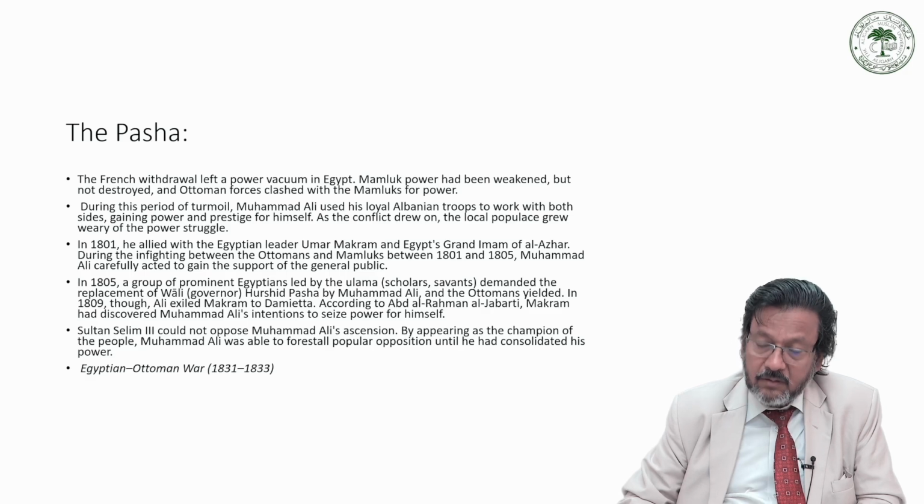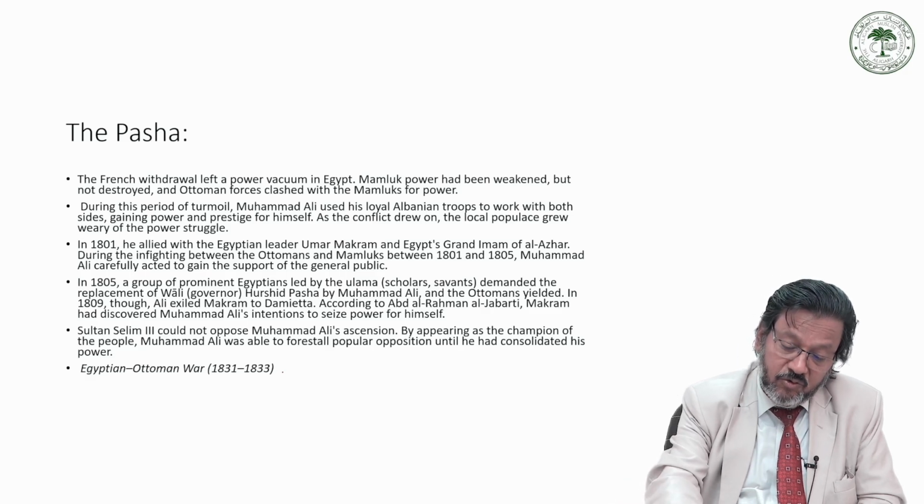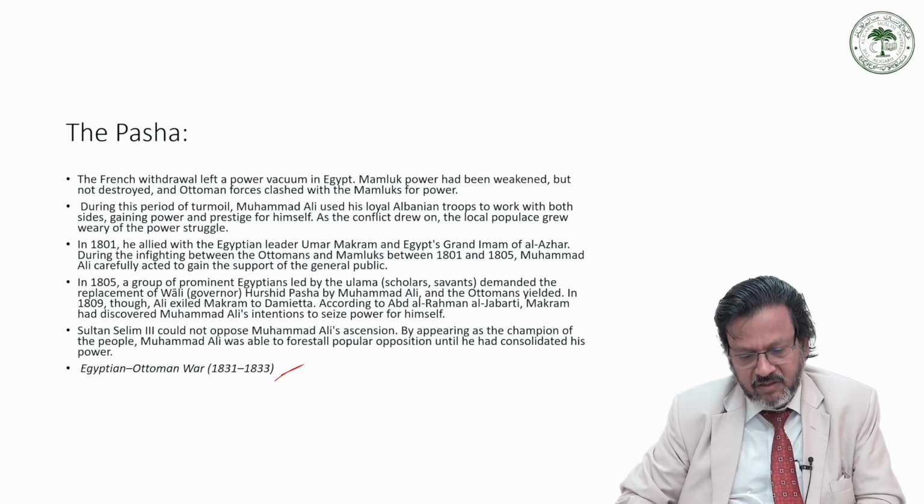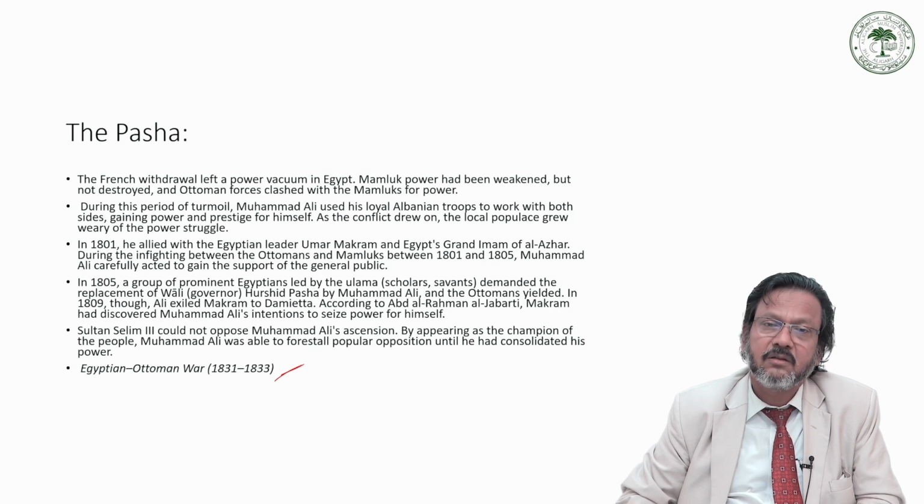By appearing as the champion of the people, Muhammad Ali was able to forestall popular opposition until he had consolidated his power. Then, of course, there were some series of wars in 1831, some small wars between the rulers of Egypt and the Ottomans.